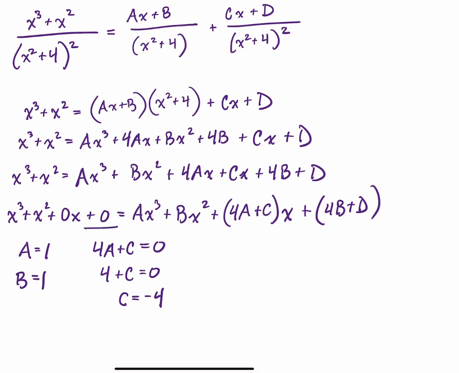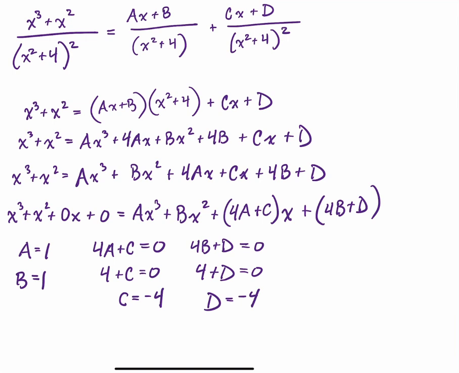And then we have plus 0 for our constant term, so 0 should be equal to 4b plus d. And we know that b is equal to 1, so 4 plus d is equal to 0. And then we get that d is also equal to negative 4.